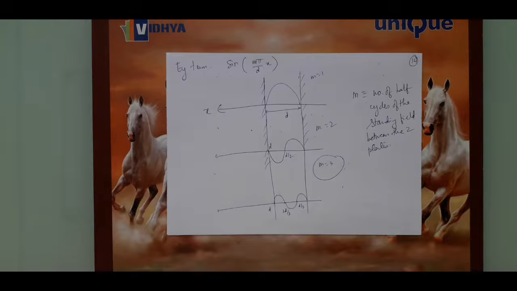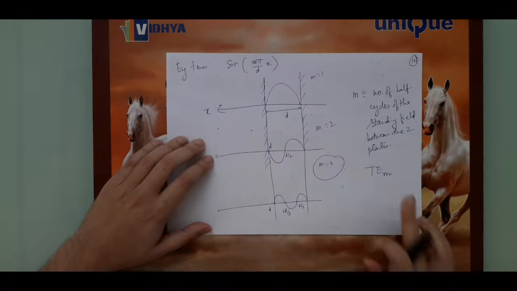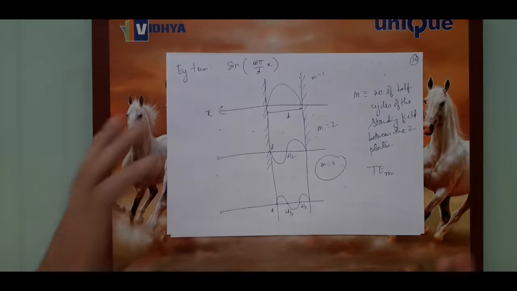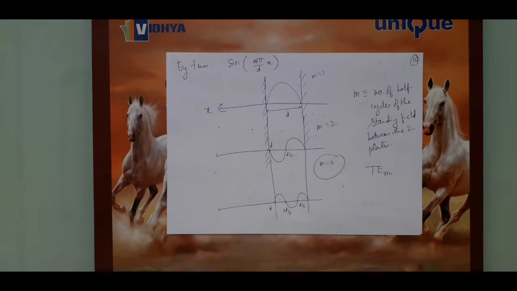This is a very important result. So if somebody tells you this wave is traveling in some mode, let us say TE suffix m, you will know that this m indicates how many half cycles of the field are essentially there between the two conductors. So that way you can have any number of half cycles.